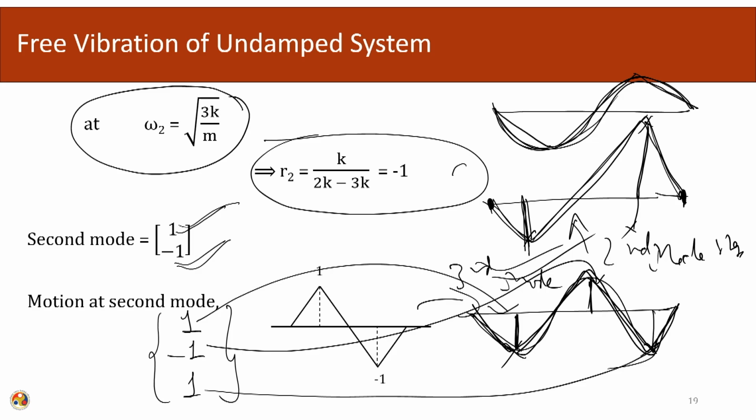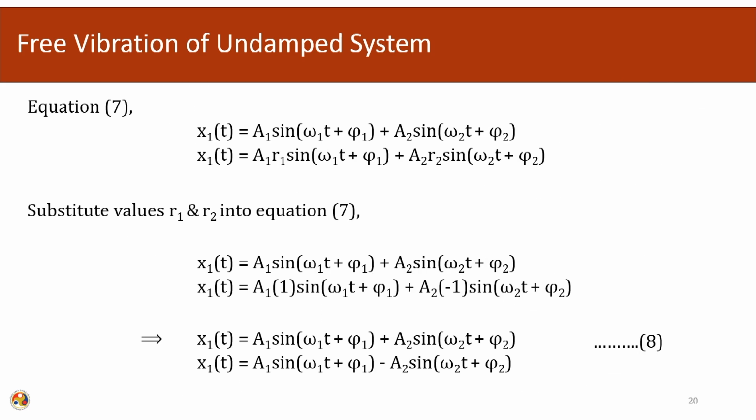Moving ahead, we are again looking into the solutions of the equations. Substituting the values of R1 and R2 into the equation, we know the values: for the first case the value of R1 is 1, and for the second case the value of R2 is 2.